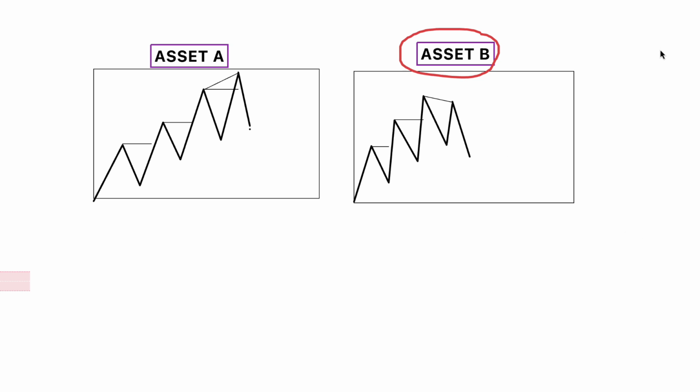So here is the secret. Please write it down if you have a book. If you see this happen, most of the time the one that created the breakout of this area is mostly the one that is lying. It's not giving you the true price action.